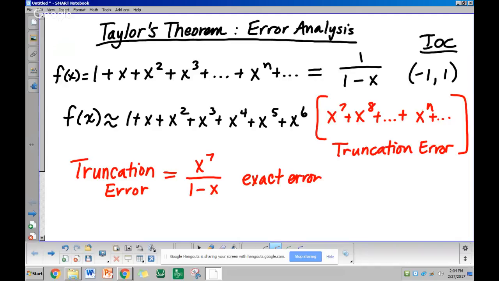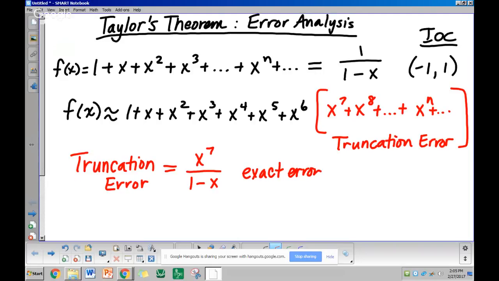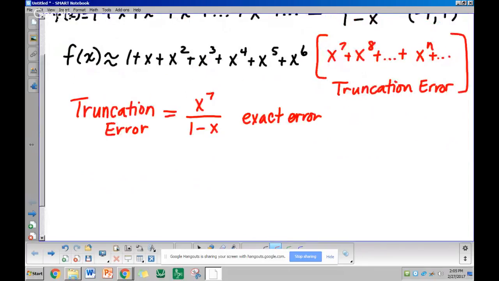So I can even tell you what my error is going to be. So that's nice. That's if you have a geometric series. Okay? What if you don't have a geometric series? I should write this as geometric.